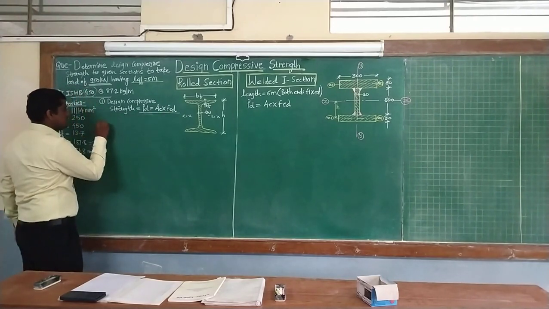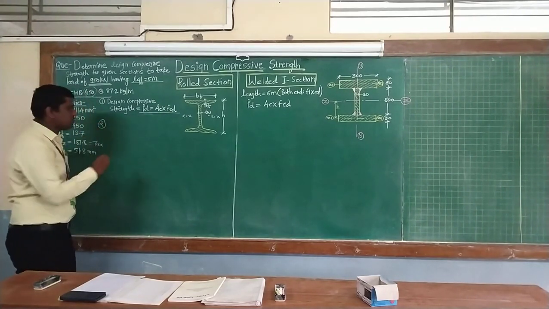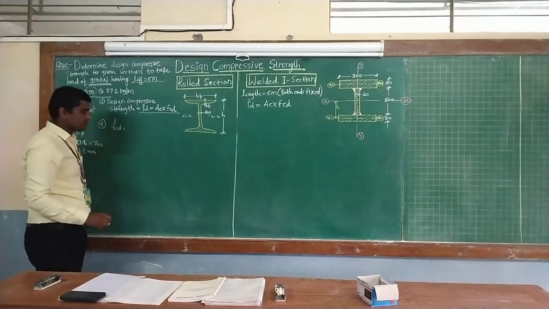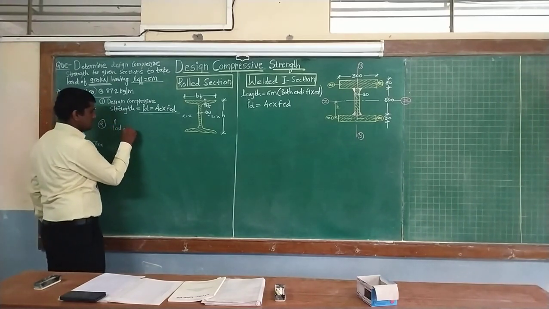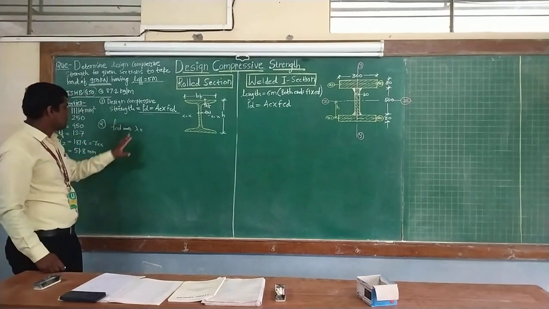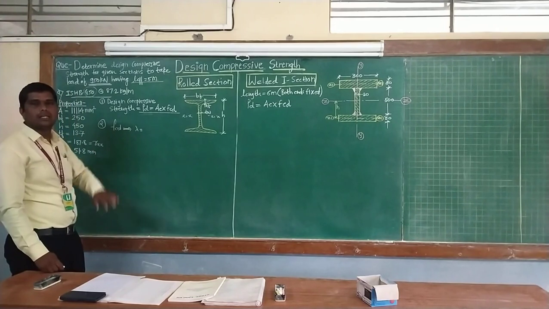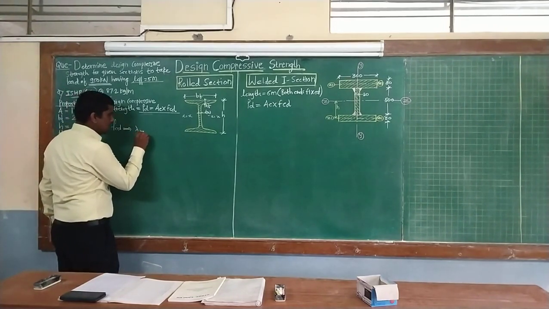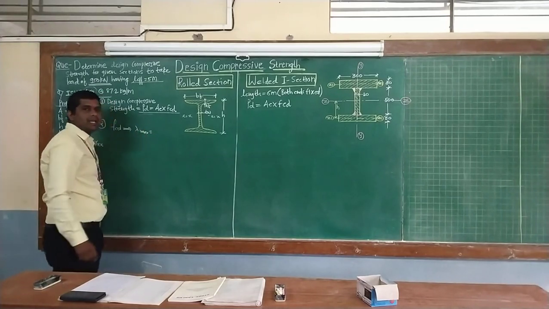Second step, dealing with the solution, to find the design compressive stress, first find the value of lambda. Lambda is nothing but the effective slenderness ratio. Here we are going to find lambda for the maximum value.